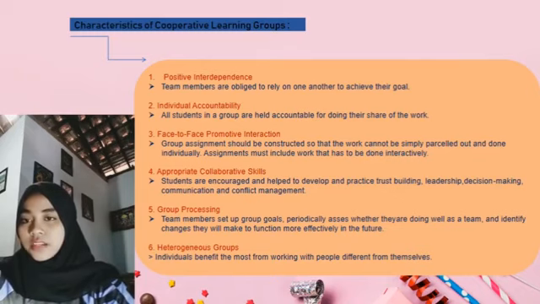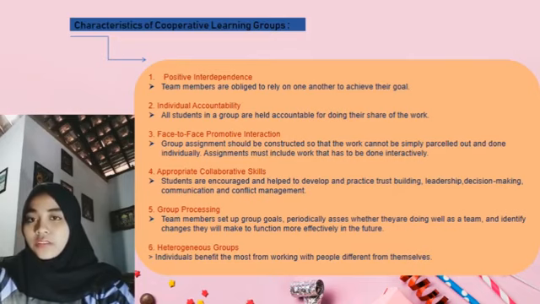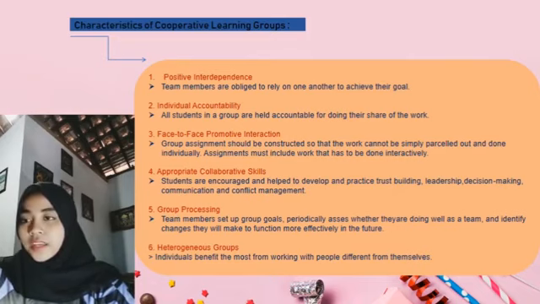There are ways to structure individual accountability. First, keeping the size of the group small. The smaller the size of the group, the greater the individual accountability may be. Then, giving an individual task to each student.